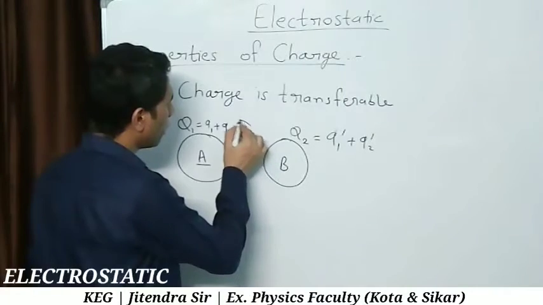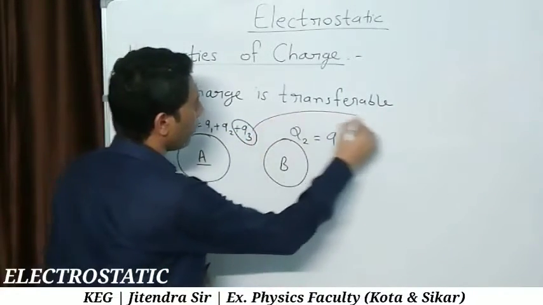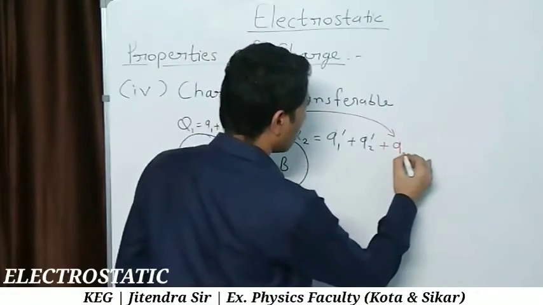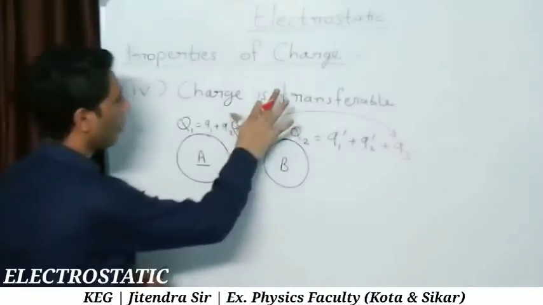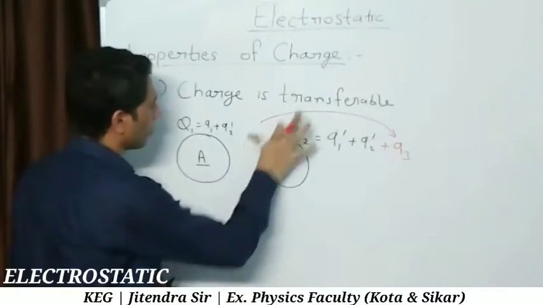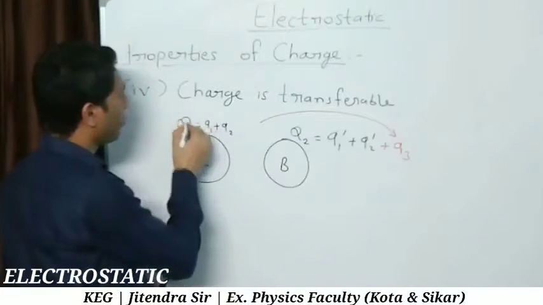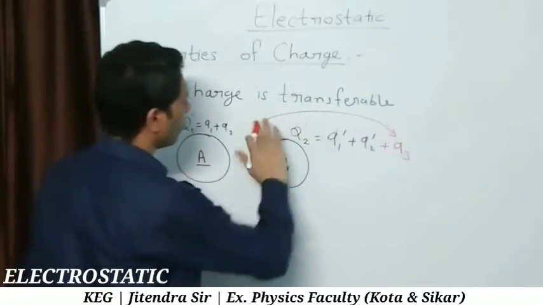So when this charge is going to be transferred, then it will add here Q3, or we can now remove it from here. So we can say after transfer of the charge, it is Q1 dash and it is Q2 dash.